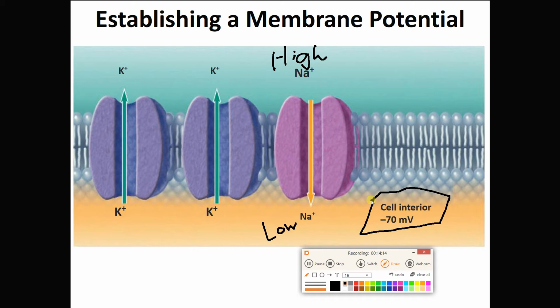Now, oftentimes, we use the word resting when we describe a membrane potential. And we use this term when the neuron is not doing any signaling, when it is just resting. So the resting membrane potential is negative 70.